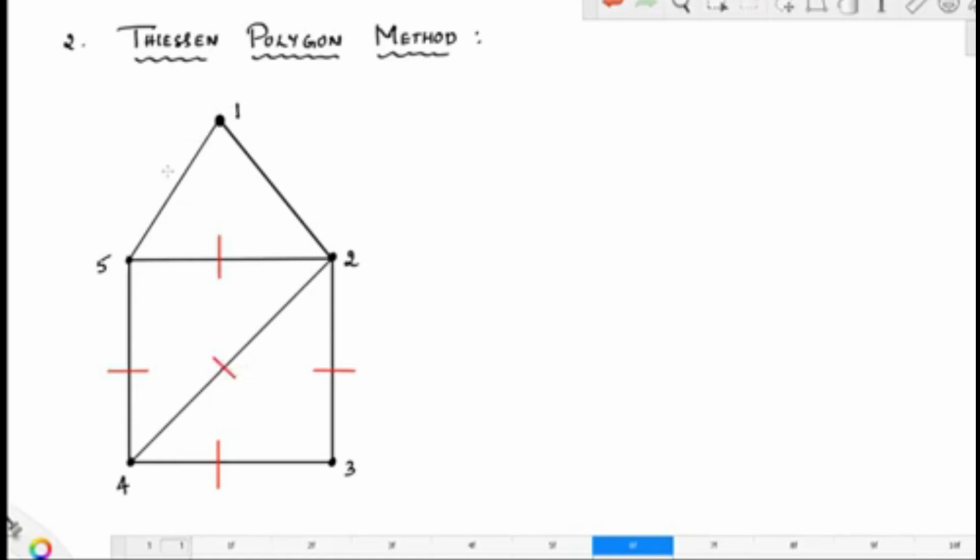Now this is also a perpendicular bisector. This is also a perpendicular bisector. After drawing the perpendicular bisectors, you have to extend them. Now remember that you have to extend till required. So till they meet any line, you have to extend. Now as you start extending with respect to the equilateral triangle, all three will meet at a single point.